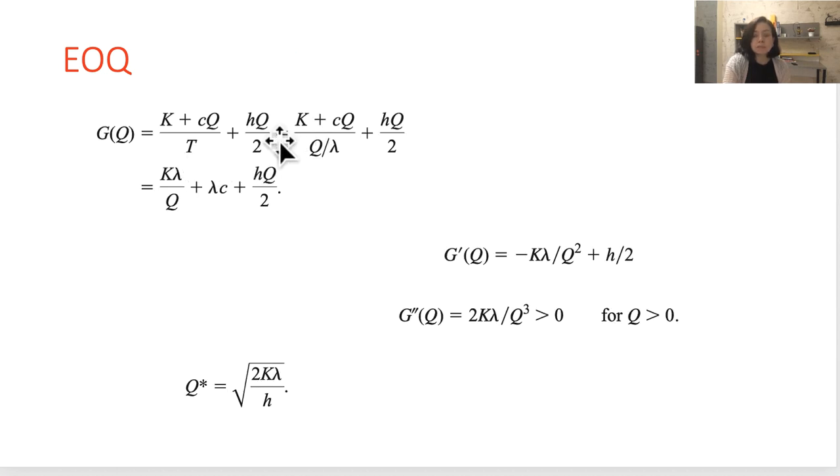And we multiply this average inventory level with the holding cost and obtain our inventory holding cost. So this T, the time between orders, can be calculated by Q over lambda. And in the end, we have such a formulation for the total cost in the EOQ model.